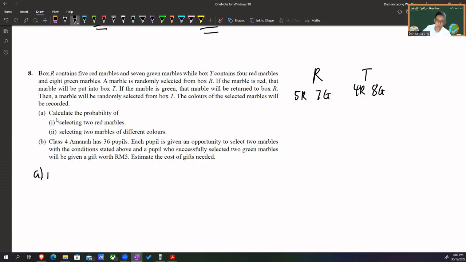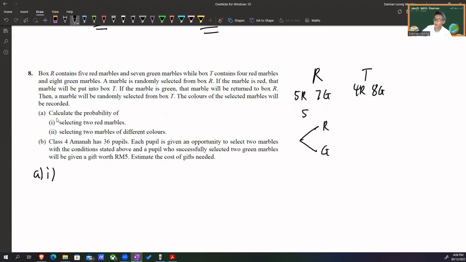So A1. Calculate the probability of selecting 2 red marbles. Now, it's good for us to draw a tree diagram here, actually. Because there's a different outcome that will happen depending on what happens to your box R. So in box R, I basically draw either red or green marble.